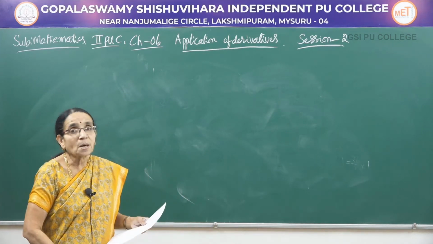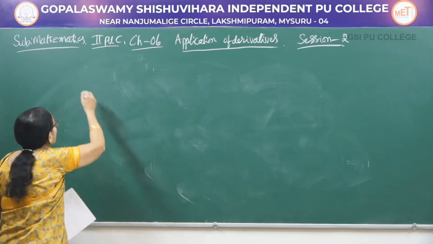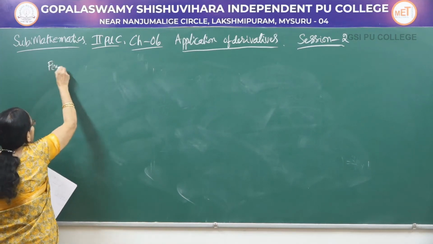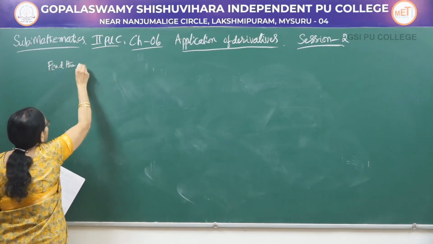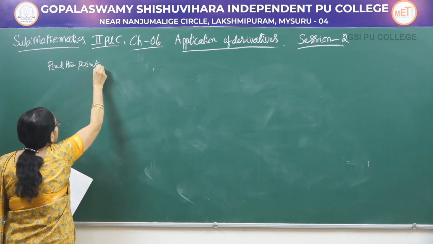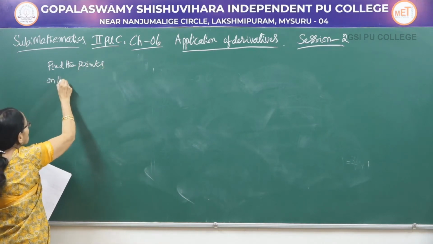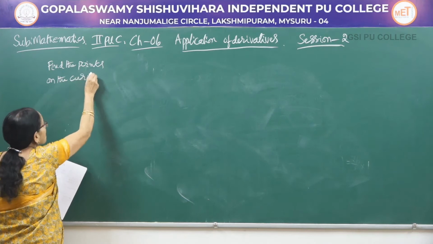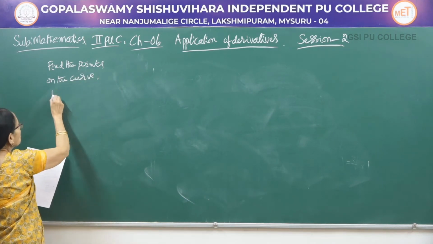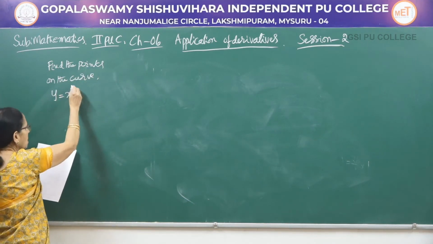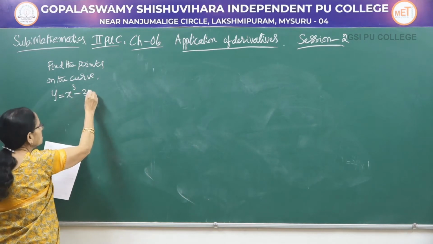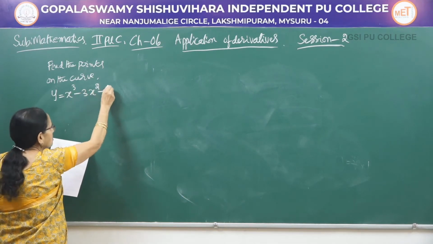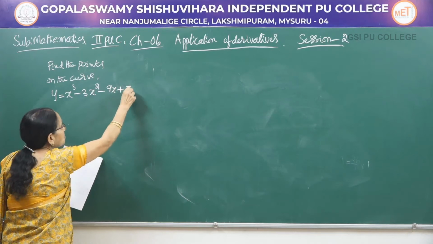Okay. Find the points on the curve y is equal to x cube minus 3x square minus 9x plus 7.